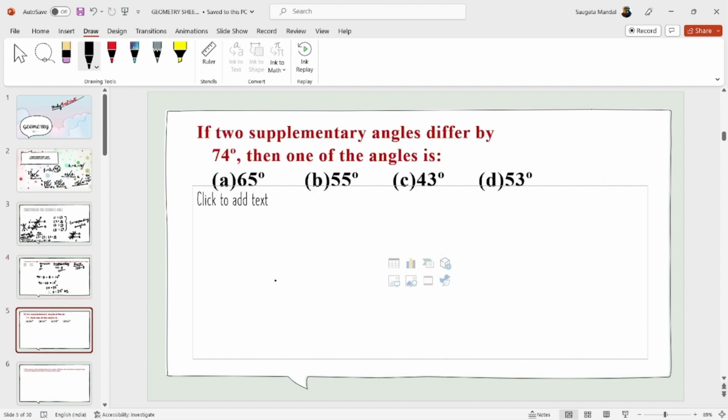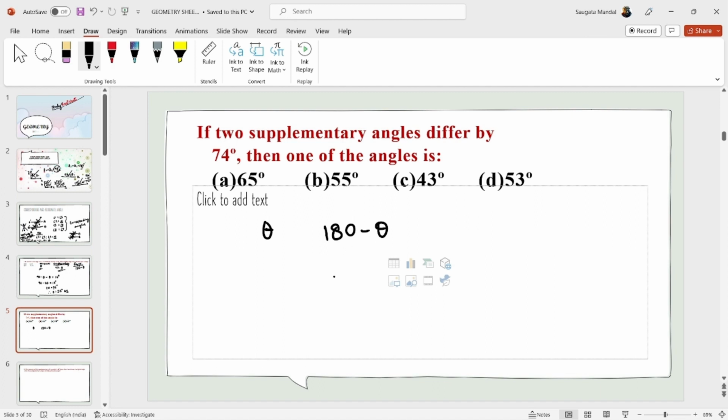Next, move on to the next question. If two supplementary angles differ by 74 degree, then one of the angles is. Let the original angle be theta, and what is the supplementary angle of this angle? That must be 180 degree minus theta.